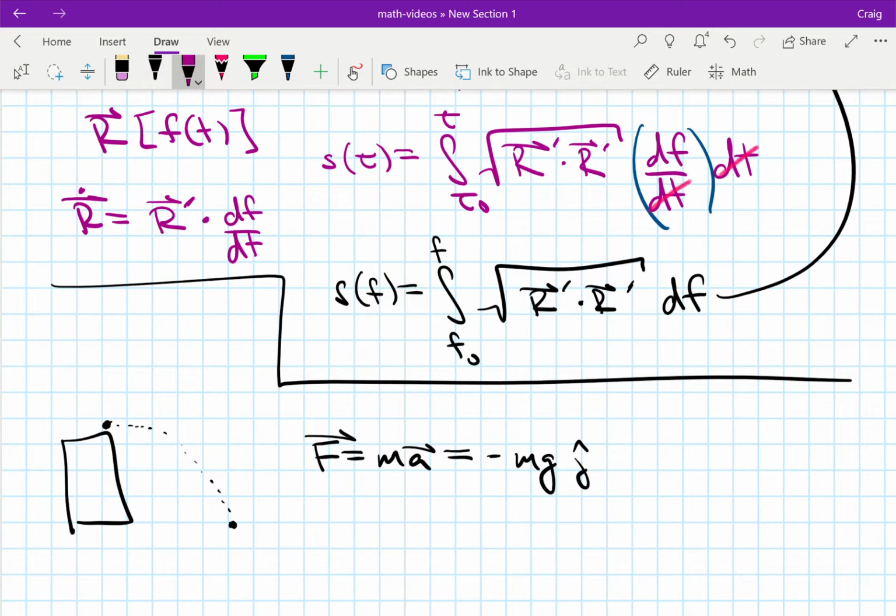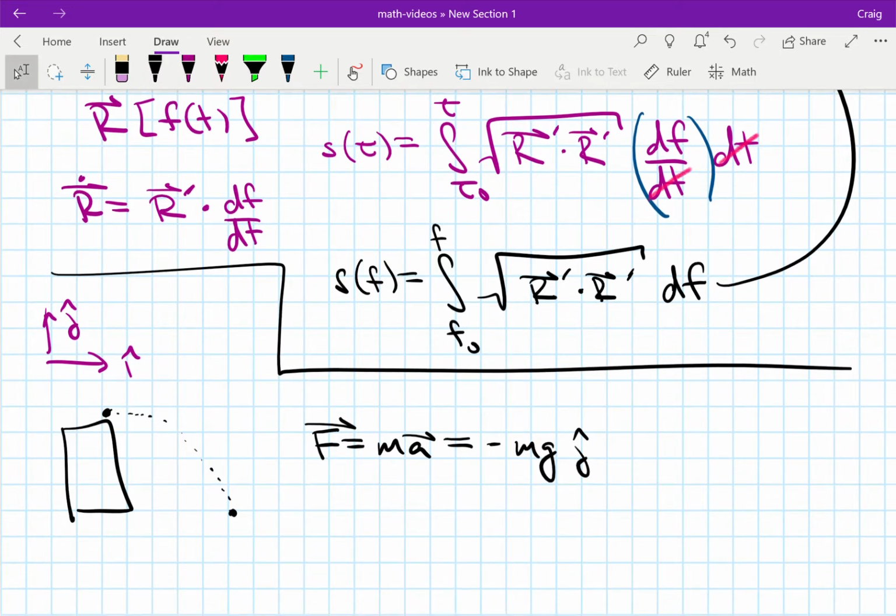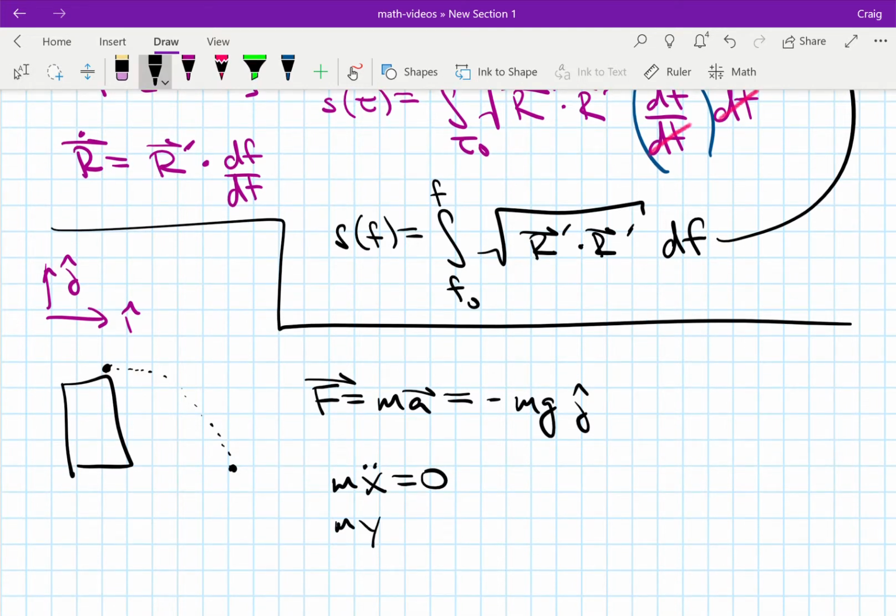So as usual, i hat is horizontal, j hat is vertical, and so I can break that acceleration into Cartesian components, and so this tells me that m x double dot is equal to 0, m y double dot is equal to minus mg. The m's go away, so this tells me that x dot is equal to a constant.